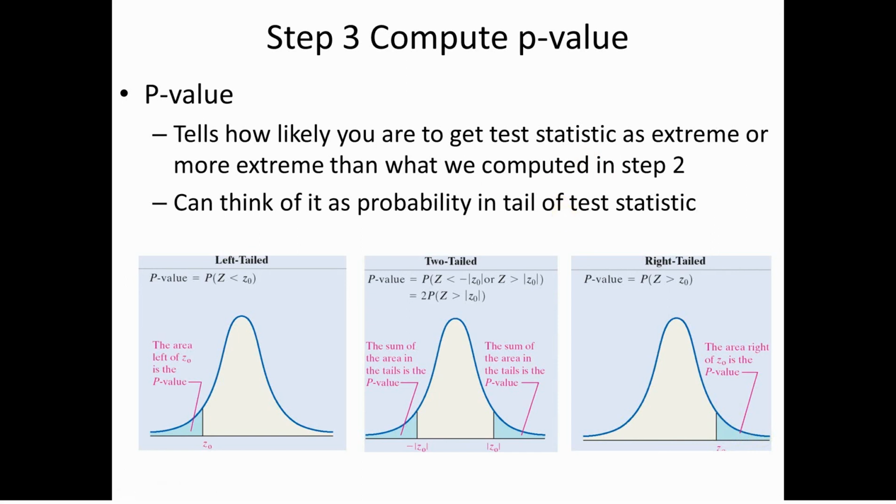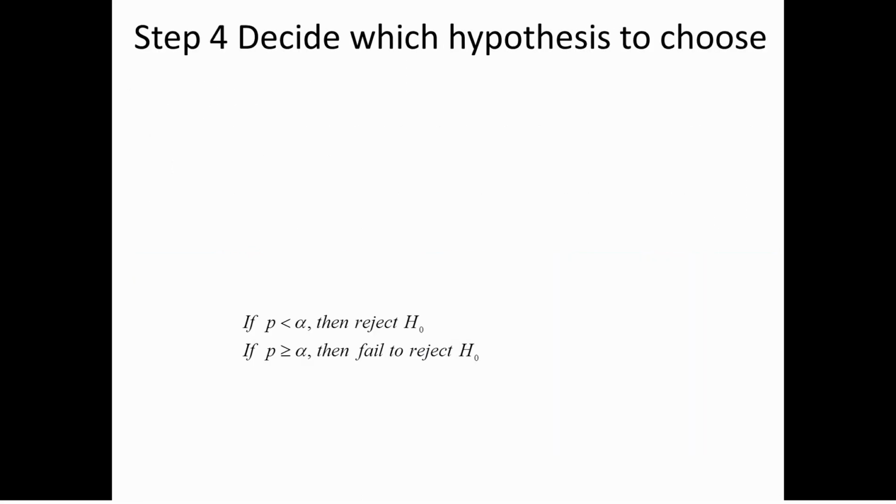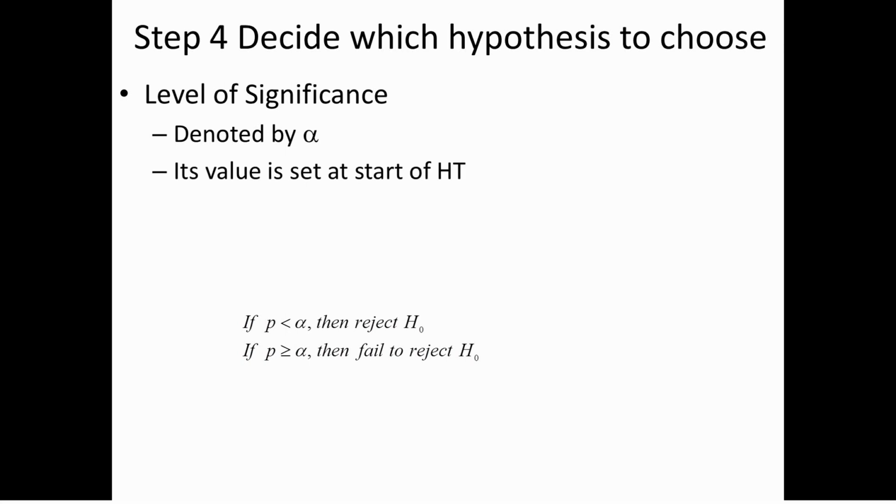So what do we do with the p-value? How do we tell how unlikely is too unlikely? Well, we have this thing called the level of significance, denoted by alpha. We set its value at the start of the hypothesis test. We have to say what alpha is before we begin the hypothesis test, actually, before we even begin collecting data.